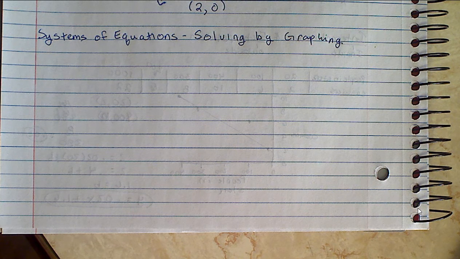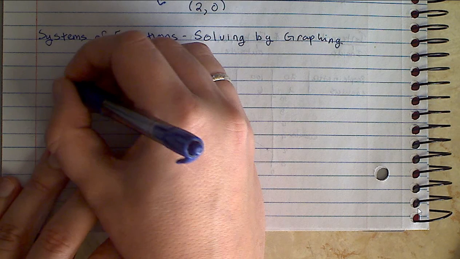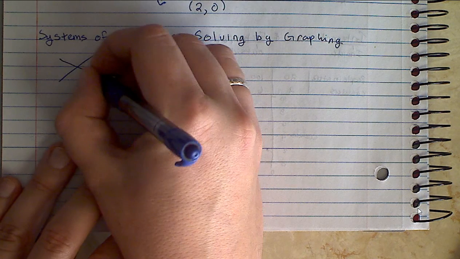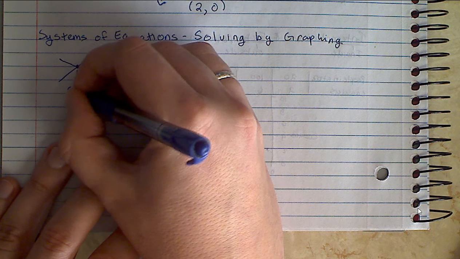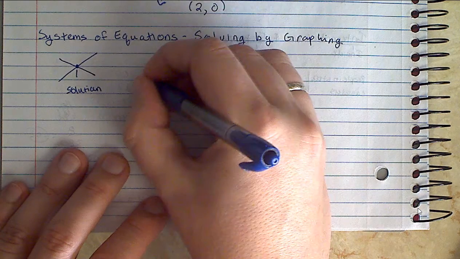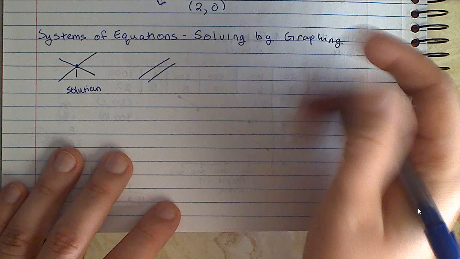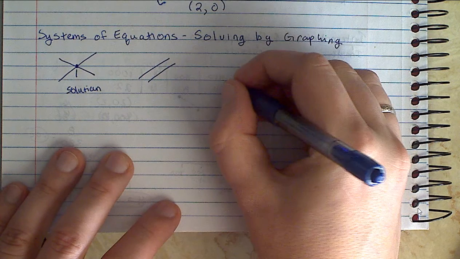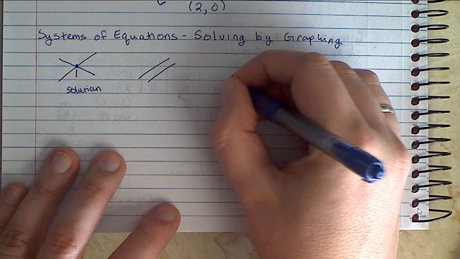Parallel, right. So you could have a situation where you have two lines that intersect, in which case the point where they intersect is called the solution. You could have two lines that never intersect, and you could also have a situation where the two lines, once you graph them, end up being the exact same line.